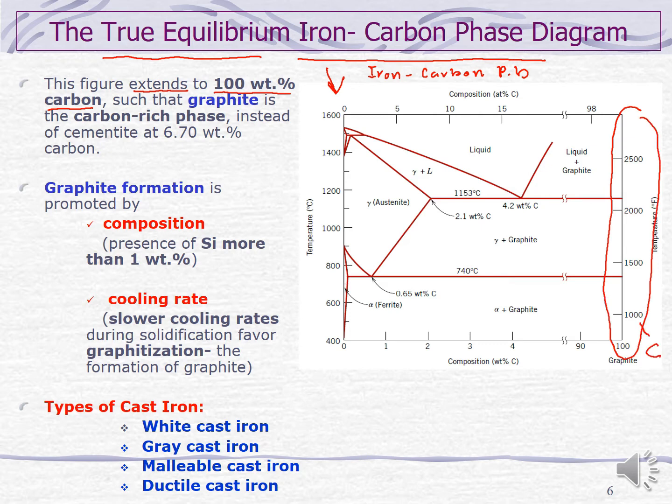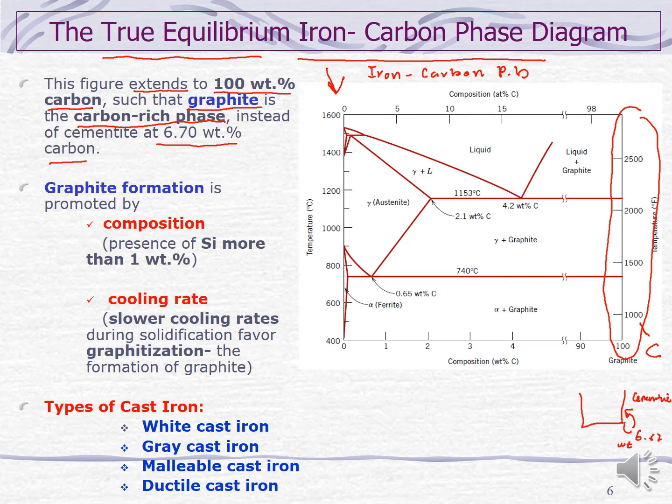If you compare with the phase diagram in the previous slides, that phase diagram stopped at 6.67 weight% carbon, which is the cementite phase. Here, graphite is the carbon-rich phase instead of cementite at 6.70 weight% carbon.